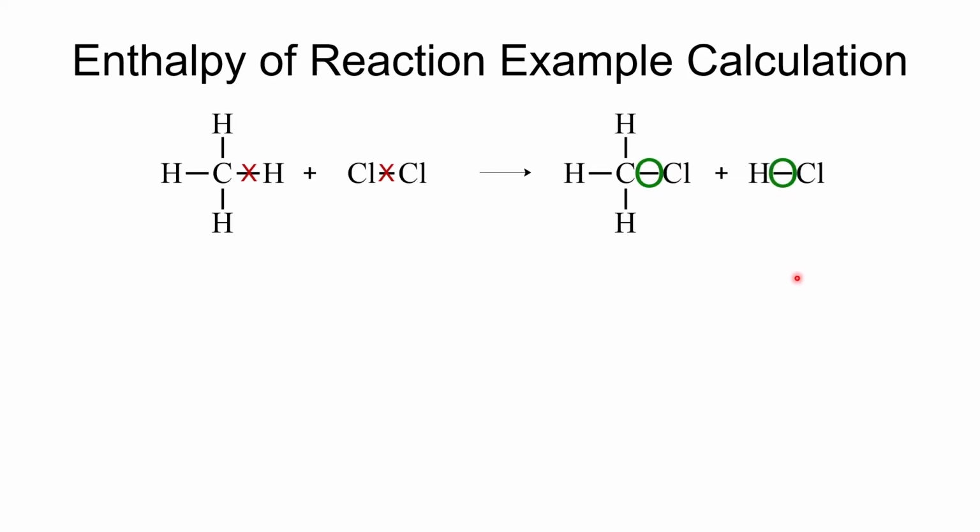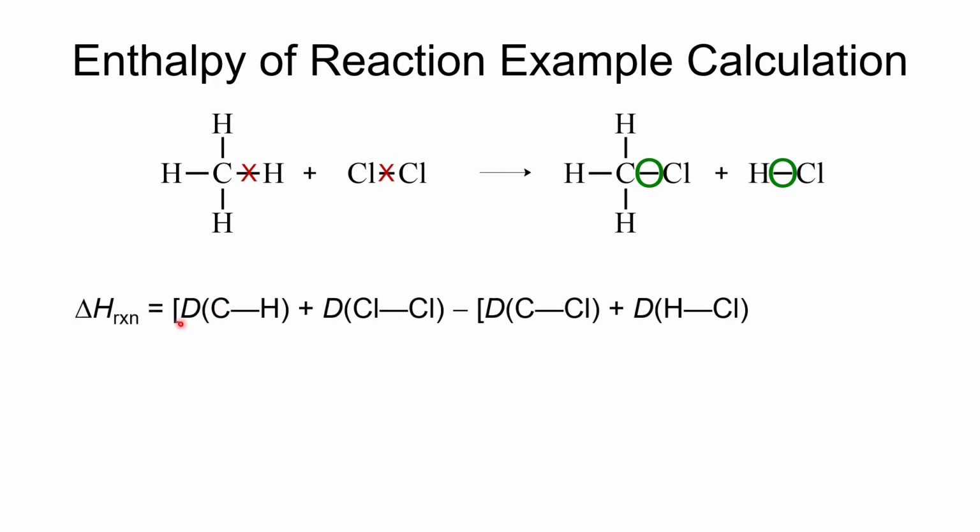So we're going to add up all the bonds that are broken: the enthalpy of a carbon-hydrogen, the enthalpy of a chlorine-chlorine. And then we'll have the enthalpy of a carbon-chlorine plus the enthalpy of the hydrogen-chlorine.